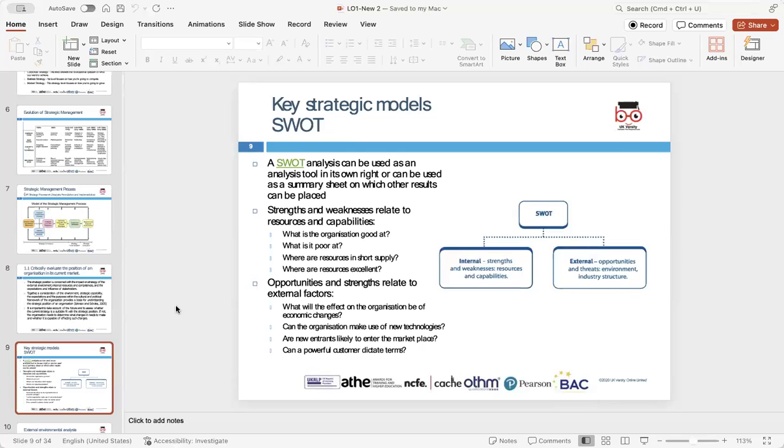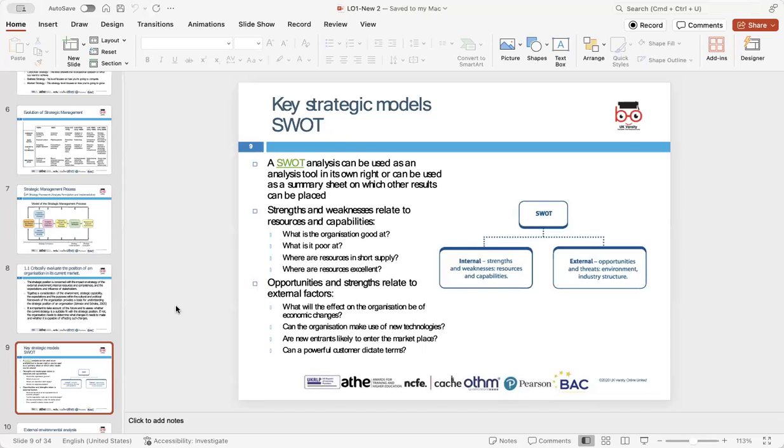Yeah. SWOT analysis is a valuable tool for assessing an organization's internal and external environments. It helps in understanding strengths, weaknesses, opportunities, and threats related to the organization.